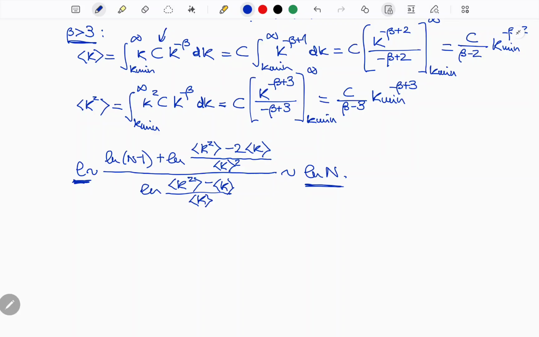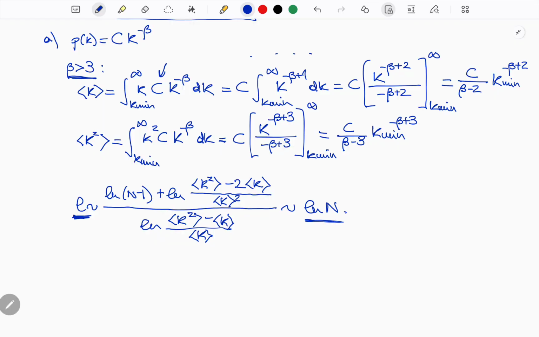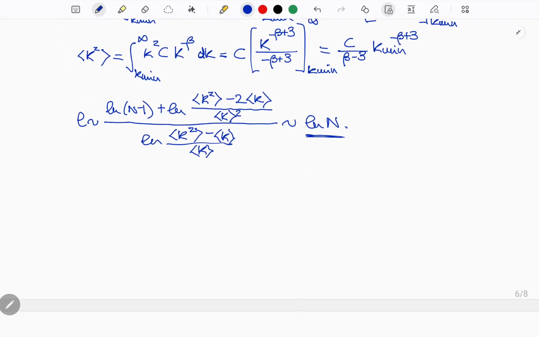That's the idea. And this is the result for a specific range of beta, which is beta greater than 3. Now we are going to go to the second region, which is beta equal to 3. So let's see what happens when beta is equal to 3.